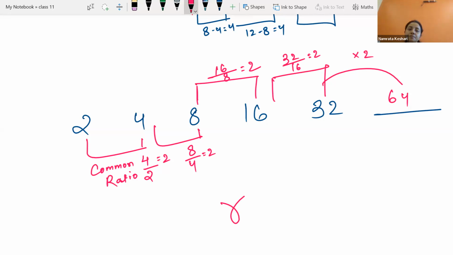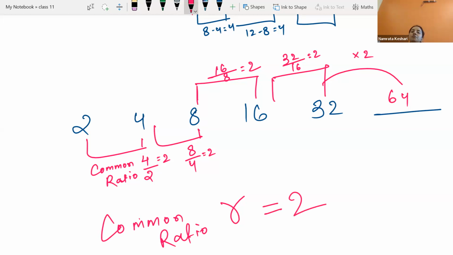Getting it? Okay, from now onward, where there you said common difference, here we will say common ratio, and we will represent it by the small letter r. There it was d, here r. r is equal to 2 over here. How did we get this 2?